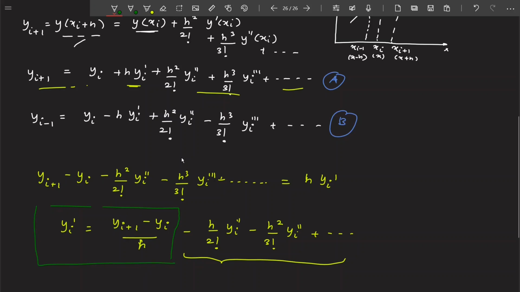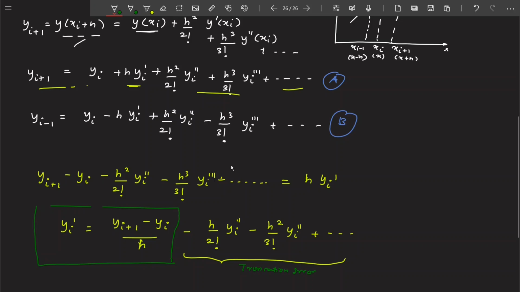if you truncate your Taylor series here, this additional term becomes your truncation error. Obviously you are truncating the series at a point, you're not taking all the terms.